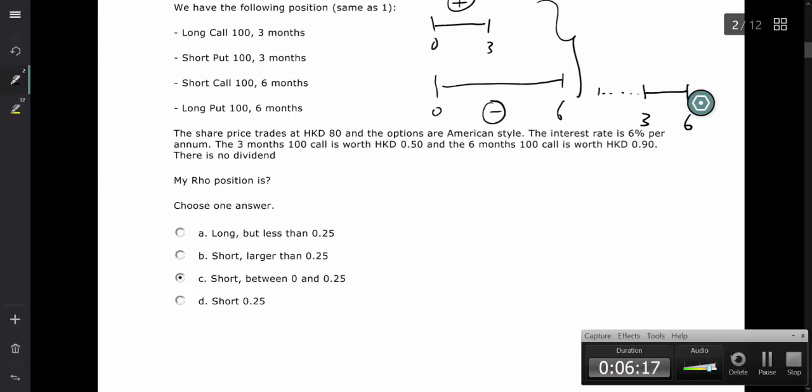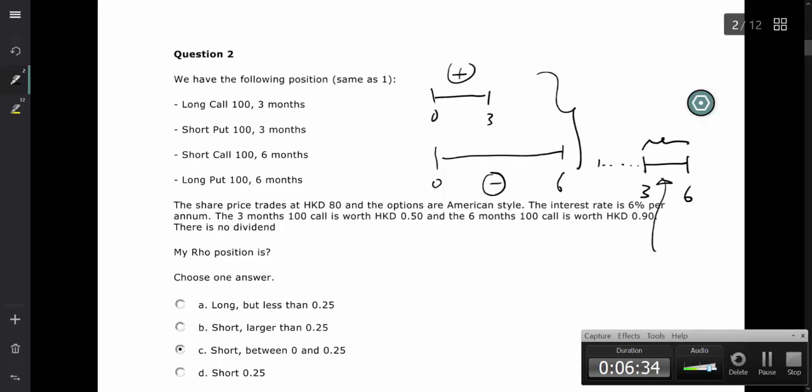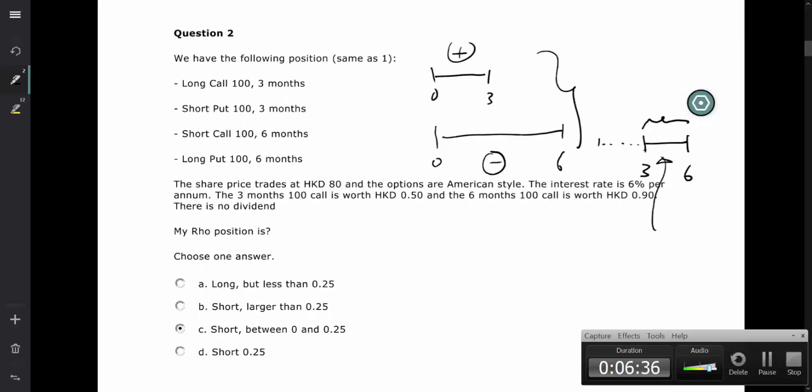So you are definitely short, so the answer would be either C or D. Now, why is it not D? Because there is a chance that your option may well be exercised somewhere before. You don't know that; I think there's not sufficient information in this question. But it cannot just be 0.5, it can be shorter.